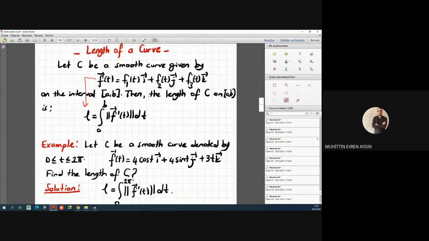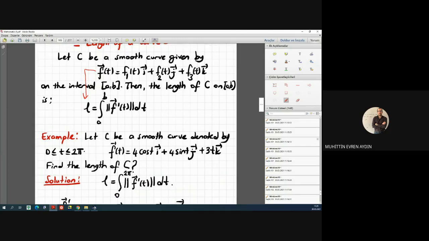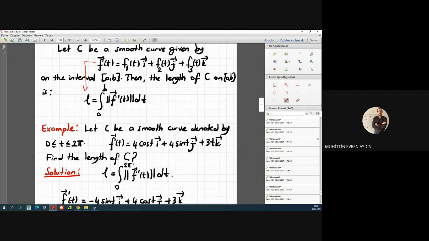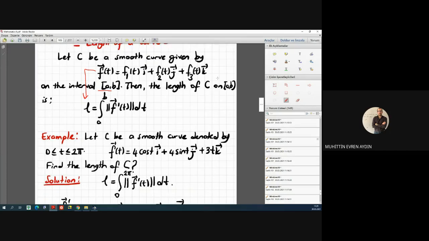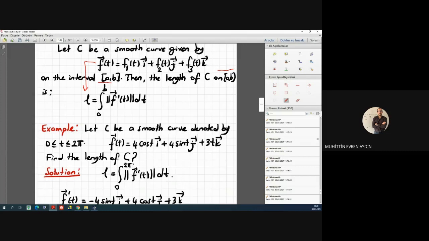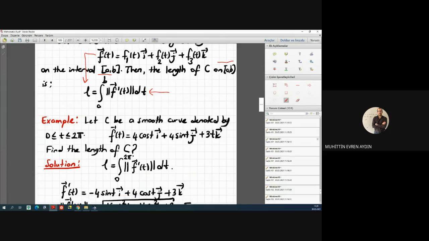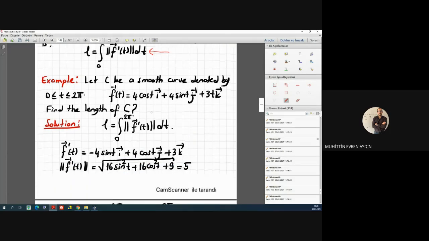So this vector valued function determines a curve in three-space or in the plane, it doesn't matter. If its interval is the closed interval a, b, then the length of this curve on a, b is defined by this integral.